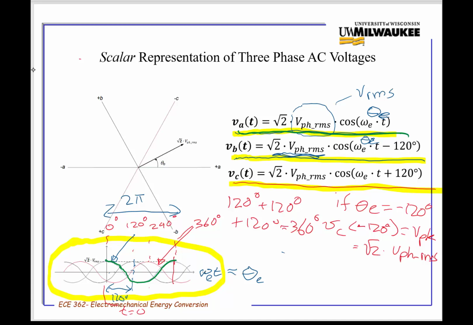And from that we were able to come up with this angular frequency, which is 2 pi times the electrical repetitive frequency of the sine wave. From that you actually would get the angle, because the angle could be the integral of that angular speed, which is omega e t.